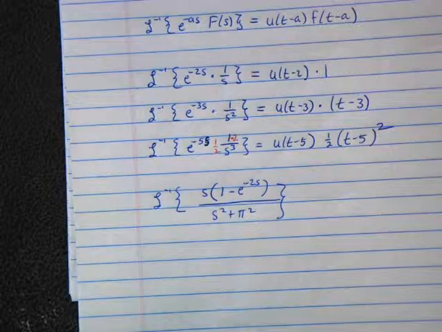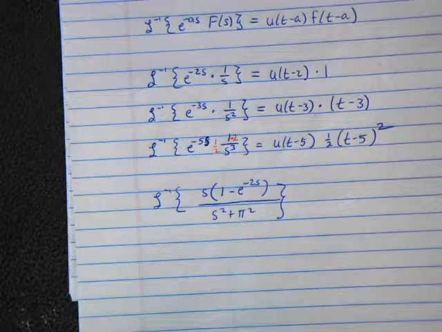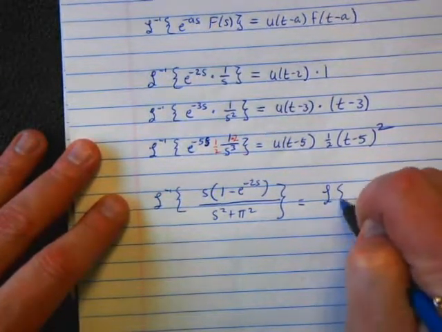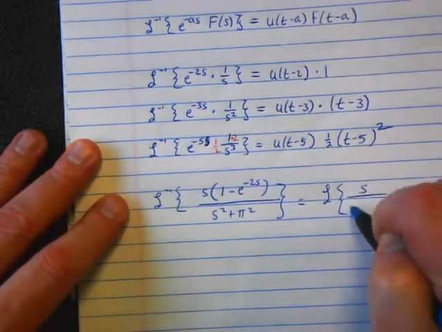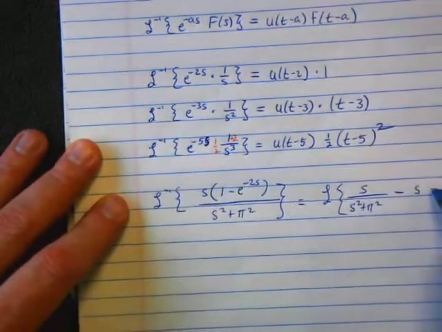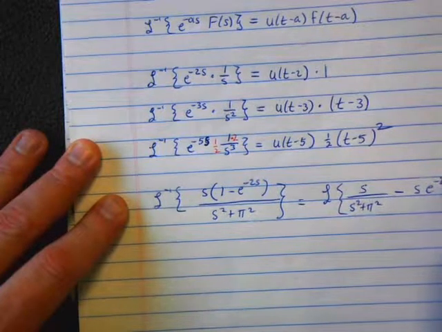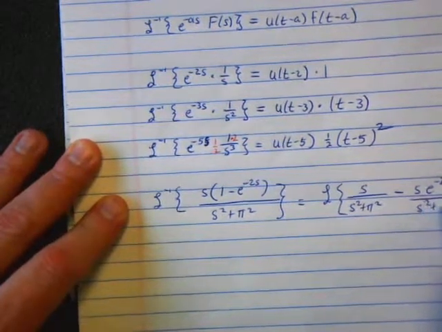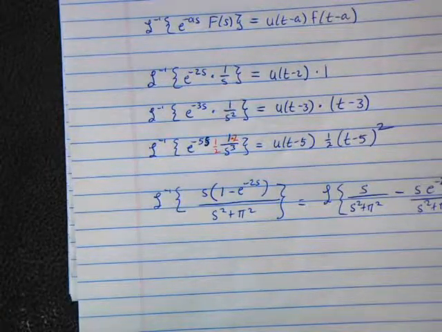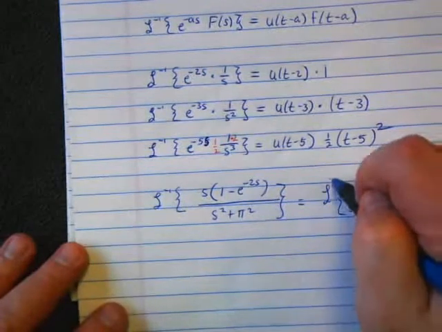What would you do? Distribute? Okay. So this is the inverse Laplace transform of s over s squared plus pi squared minus s e to the negative 2s over s squared plus pi squared. Inverse Laplace transform, absolutely.